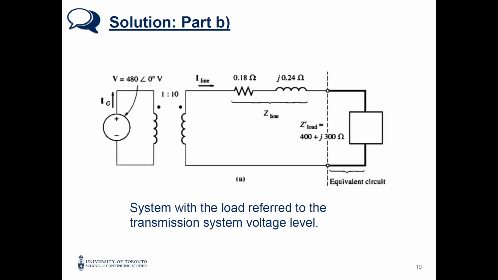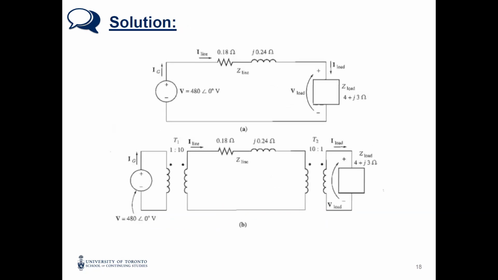Better system. The idea of this example is to show you the importance of having two transformers: step up at the generator, step down at the load. It will make the system perform much better. We are talking here about one transmission line, but you can imagine how far the generator is from your home.